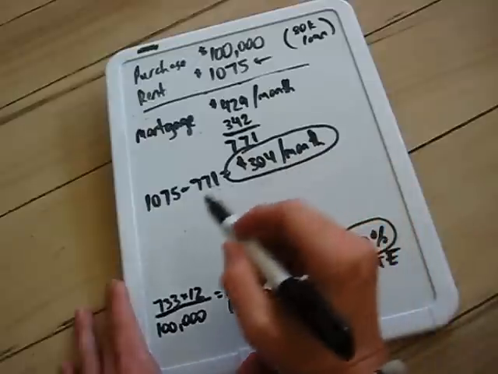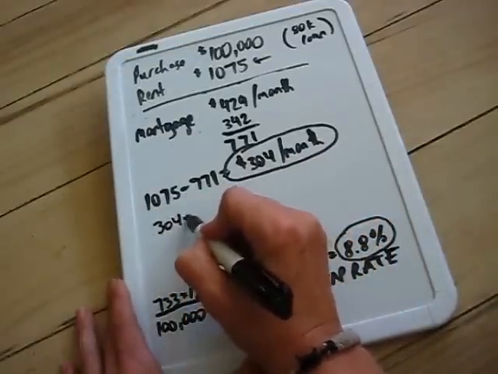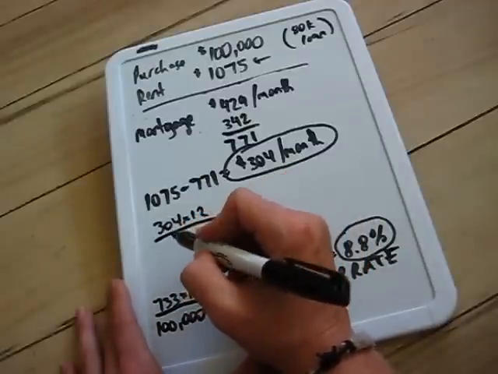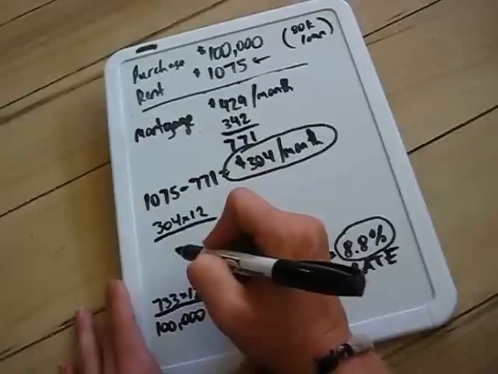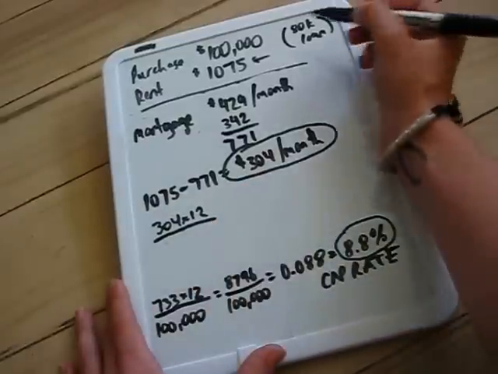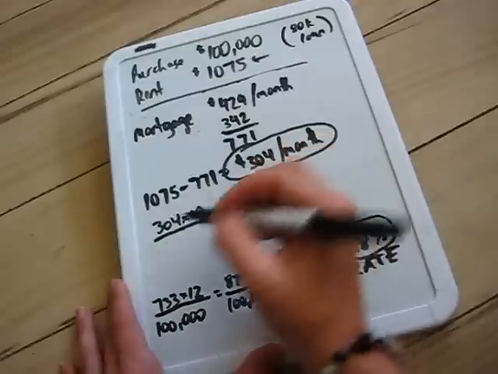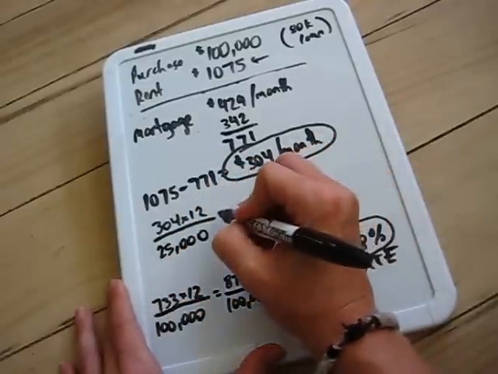So 304, we're going to make it annual, so times 12. And then instead of using your total purchase price, you want to put how much money you actually put into the deal. So your down payment on the $100,000 house was probably $20,000, and I went ahead and rounded that up to $25,000 because you're probably going to have about $5,000 in closing costs.